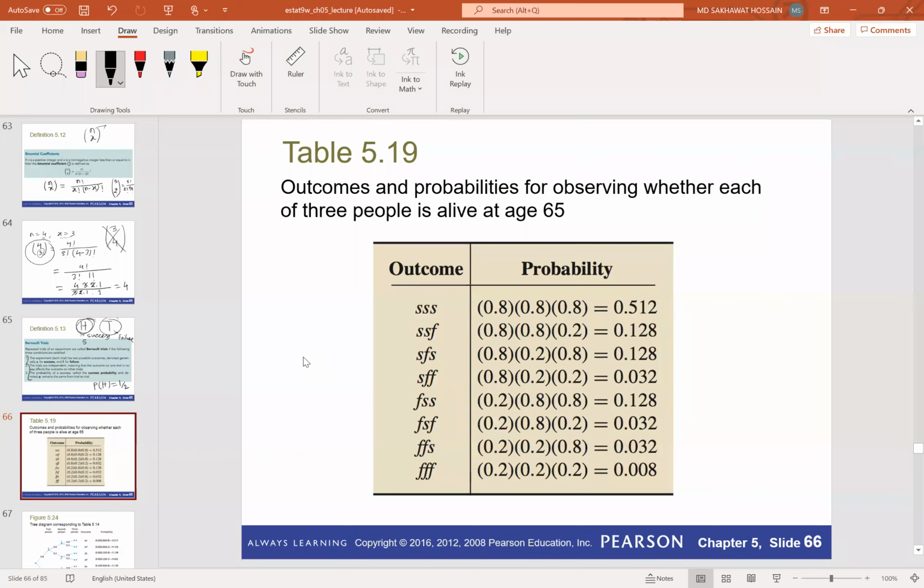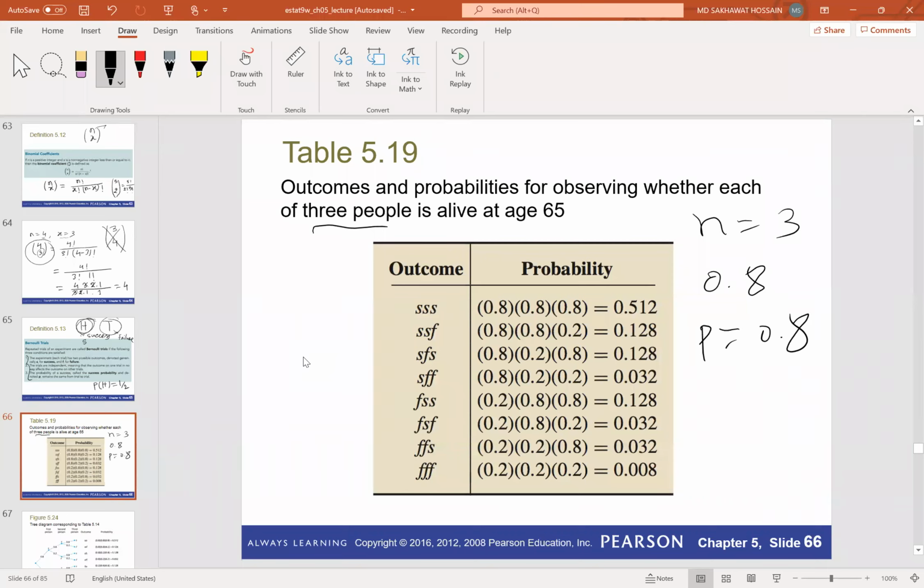If the person is not alive, then it is failure, because we are interested in whether the person is alive or not. So we consider three people, so the total number of trials n is here 3. And the probability that the person is alive at 65 is 0.8. So this is the probability of success.